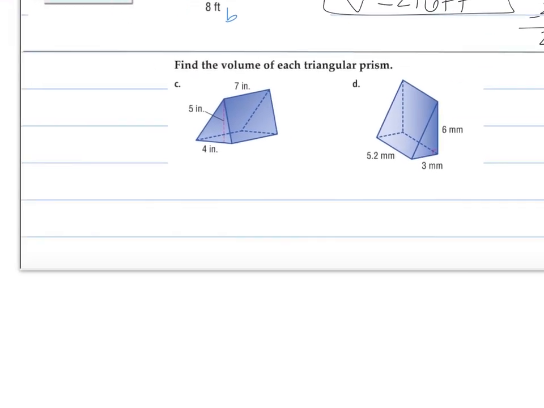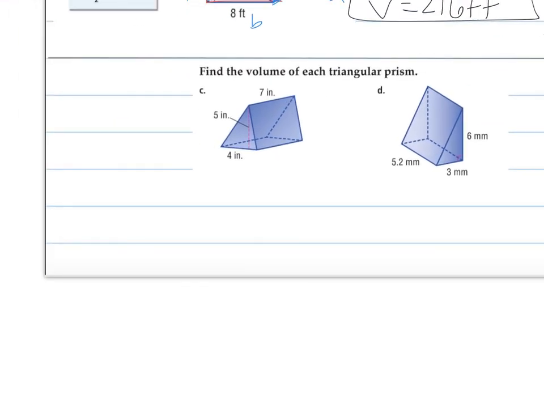Here are two for you to try when you're ready, or try them, come back and check. So label, we're looking for volume, base area times height, with a base of a triangle, which means I'll be using 1/2 base times height times the height of the prism. So we'll label our pieces. Base of 4, height of 5, height from base to base is 7.